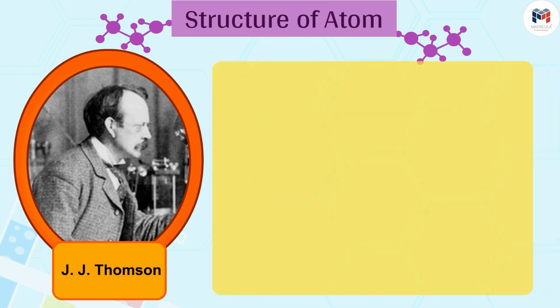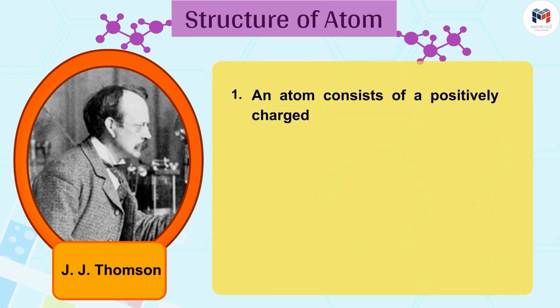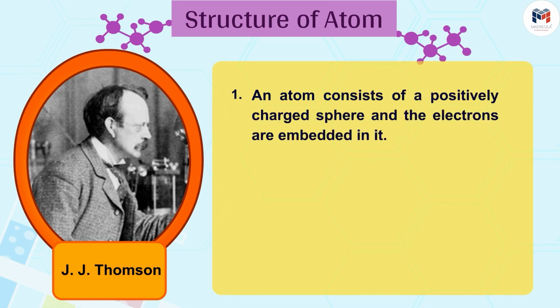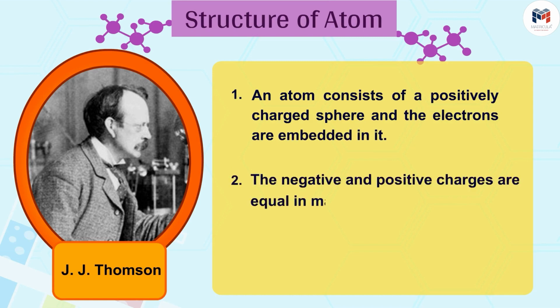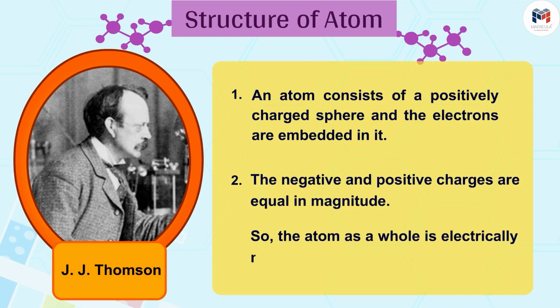Thomson proposed that 1. An atom consists of a positively charged sphere and the electrons are embedded in it. 2. The negative and positive charges are equal in magnitude, so the atom as a whole is electrically neutral.